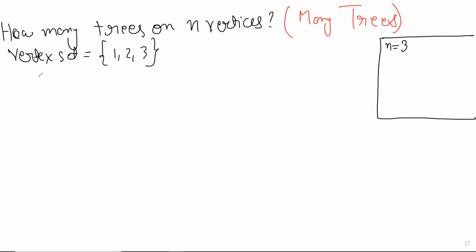Just a path, right? I should also label them: 1, 2, 3. What are the others?